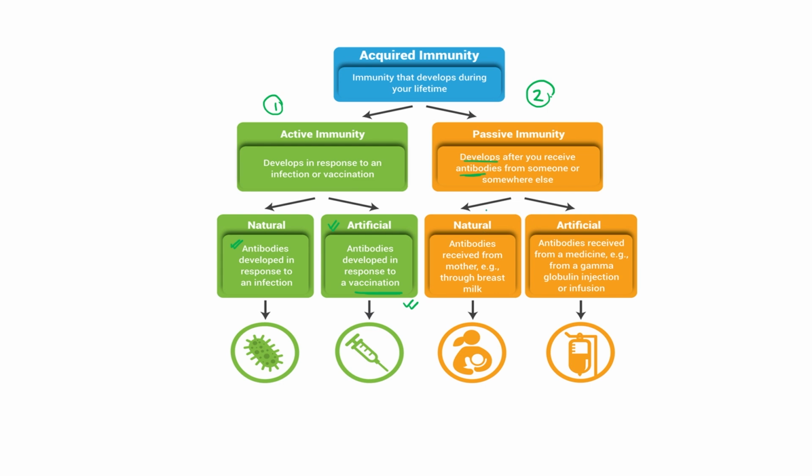Again, passive immunity can be classified into two types, natural and artificial. Naturally, antibody is received by the baby through milk and through the placenta, which we have just discussed. Artificial means antibody is received by the patient as an injection, like antitoxins or gamma globulin, where direct incorporation of antibody occurs.